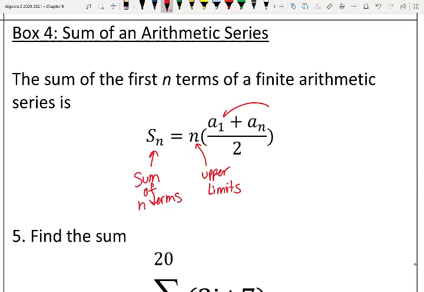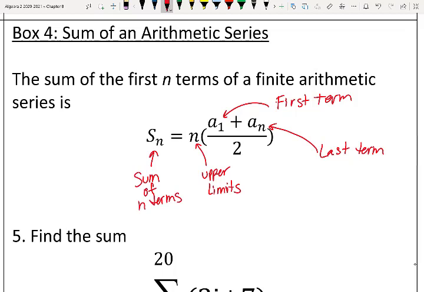A sub 1 is the first term. A sub n is the last term. And that's all based on your upper limit. Your lower limit's always going to be starting at positive 1. So our upper limit, a sub n, is going to be that last term.